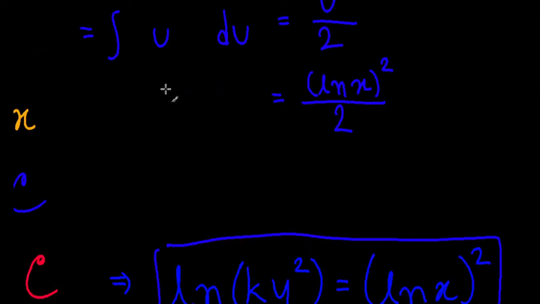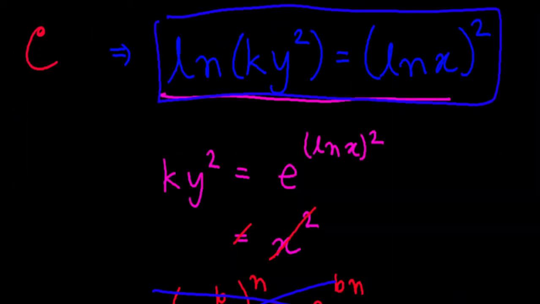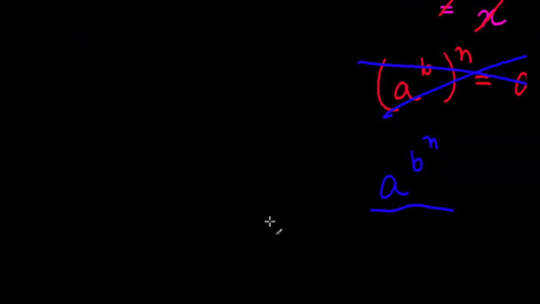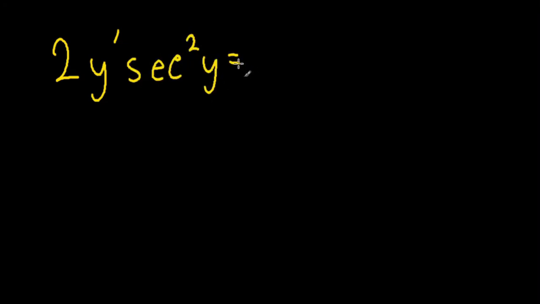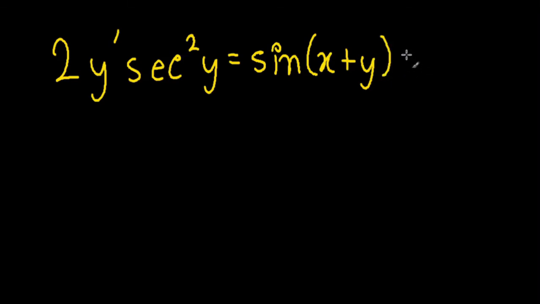It should be okay. Now, with that one done, let's jump right into another problem. This one will be just a bit more involved, but again, it's all our basics. I'll scroll to the bottom. So what we have on hand right now is 2 y prime secant squared of y, which is going to be equal to sine of x plus y minus sine of x minus y, and plus 2 y prime.